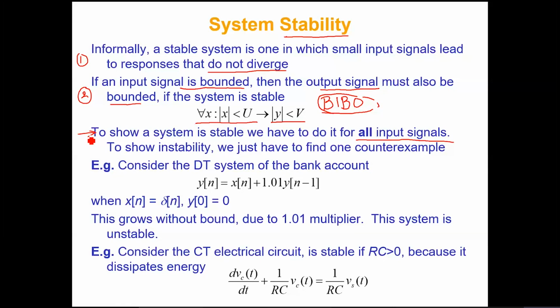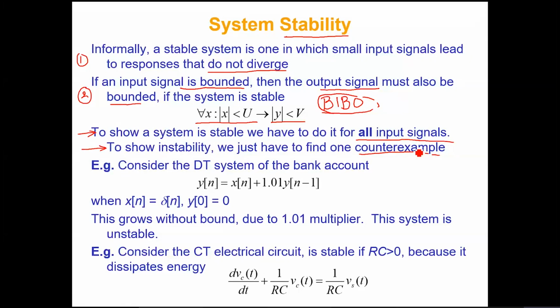A much better way to check this is if we can somehow come up with a counter example. If you can find that for any particular signal the output becomes unstable or infinite, then we will say that your system is unstable.